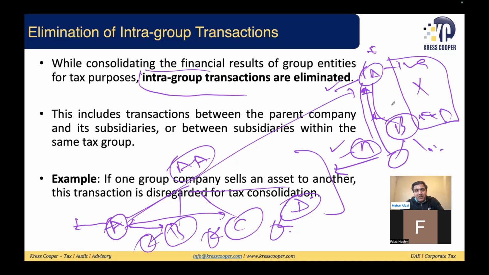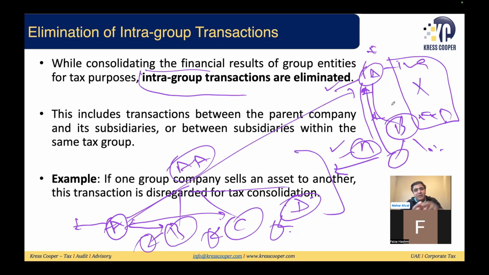While doing this, all intra-company transactions will be eliminated. As I mentioned, these can be in the form of sale of assets, provision of services, valuation, or any accrual-related items. Whatever the transactions between the group entities, all will be eliminated to calculate the taxable profit.